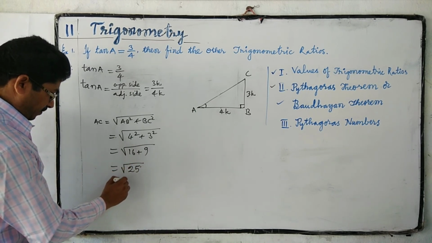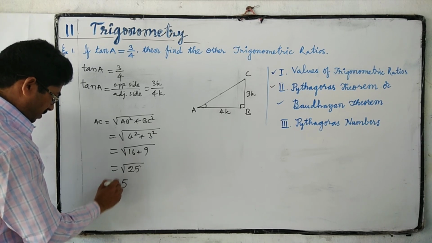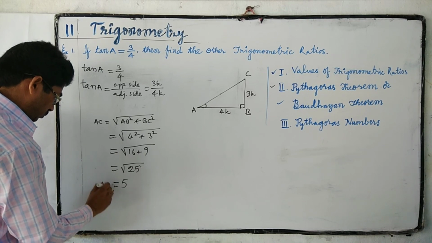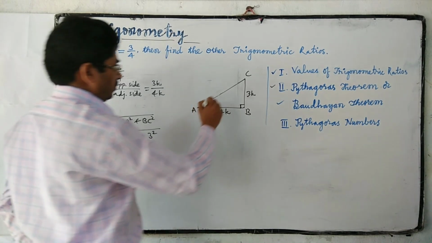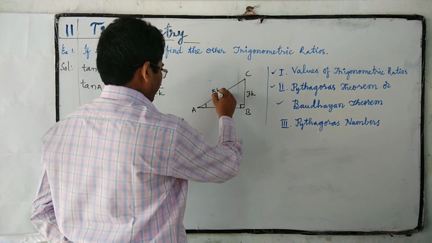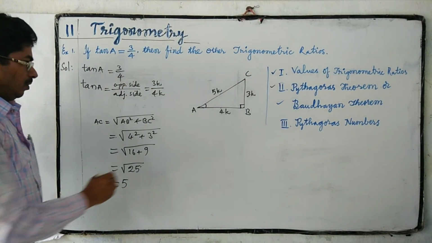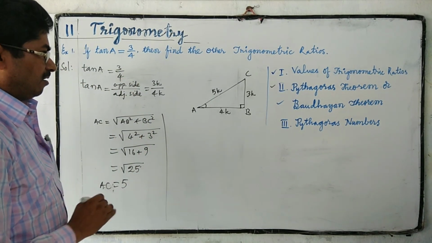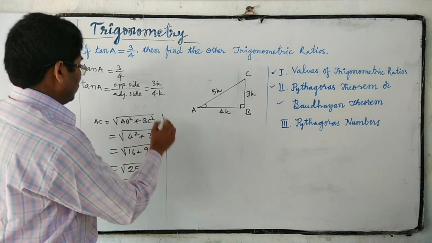Square root of 25 is equal to 5. AC is 5, so let me take this as 5k. Now we can find all the remaining ratios.